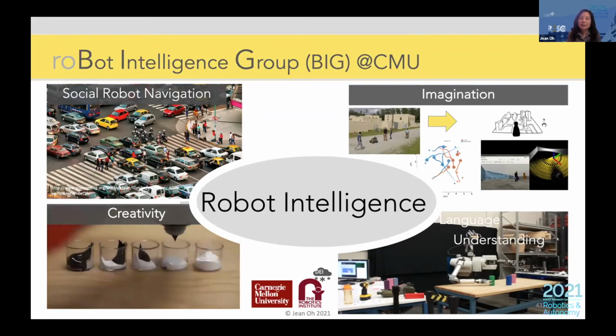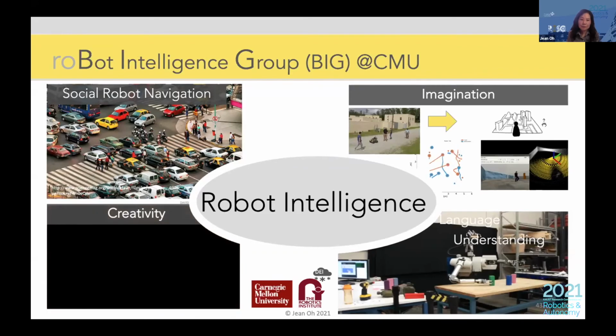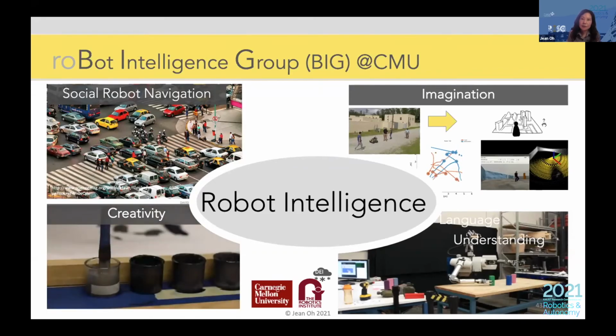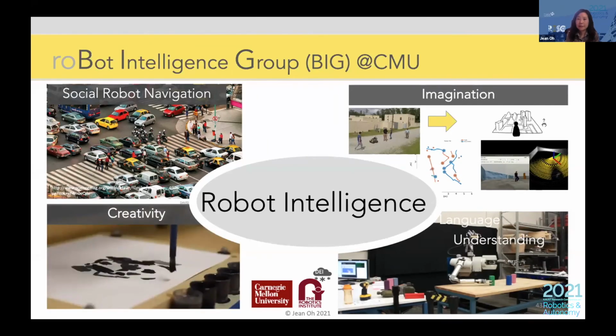So the idea here is if the robot has this simulation, we call it imagination skill, on board, then based on the observation, a new simulation environment can be automatically generated inside the robot's imagination.